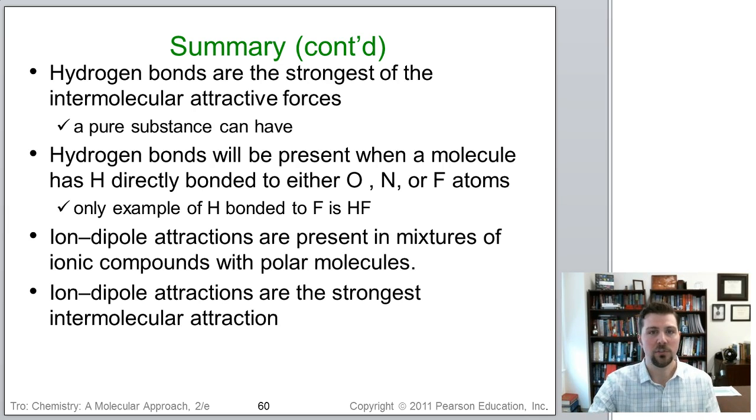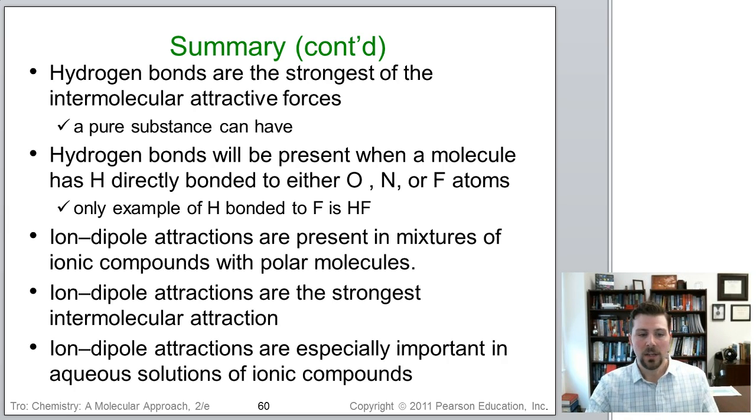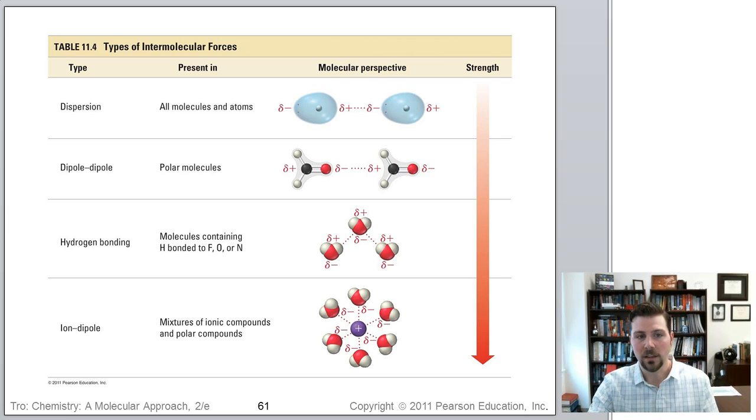And so that's very strong attractive forces between two oppositely charged things. Okay, so these are really important in solutions of ionic compounds like sodium chloride or table salt dissolving in water, and that helps us to explain a lot of those things.